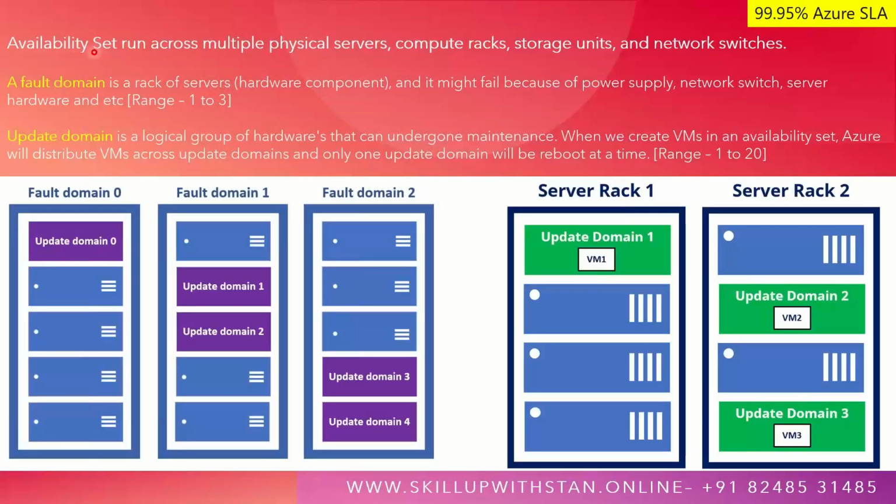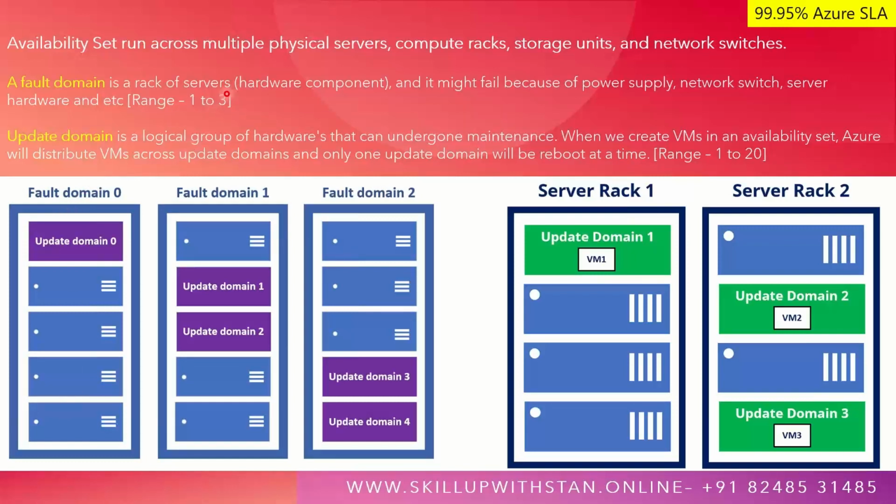Availability set, as I told you, is a physical rack, and you have multiple servers in your physical rack. If you want to run multiple virtual machines, by utilizing the concept called availability set, you can place your virtual machines into different racks and also different servers. If you select the number of fault domains as 1, your servers will be placed on only one rack.